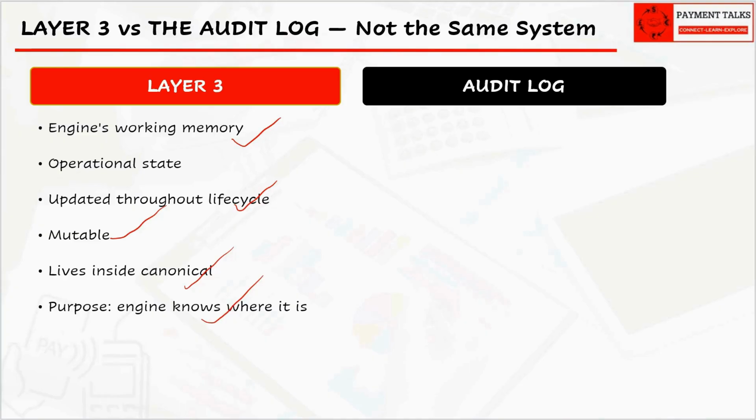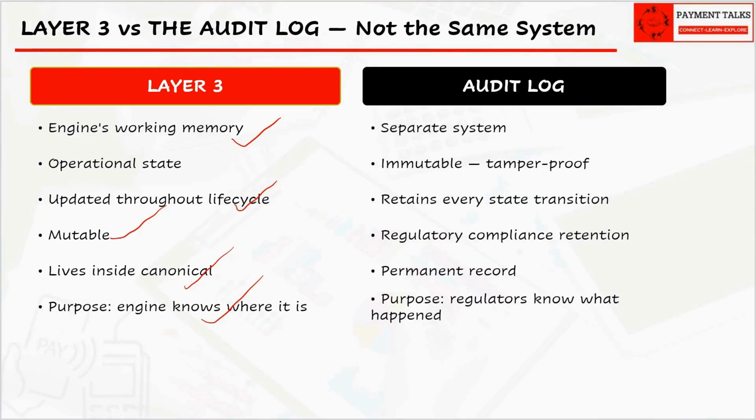The audit log is a completely separate system. It is immutable. Once a record is written, it cannot be modified. It retains every state transition for regulatory compliance and potential investigation. It is retained for years. Its purpose is to tell a regulator, an auditor, or an investigator exactly what happened to this payment and when.